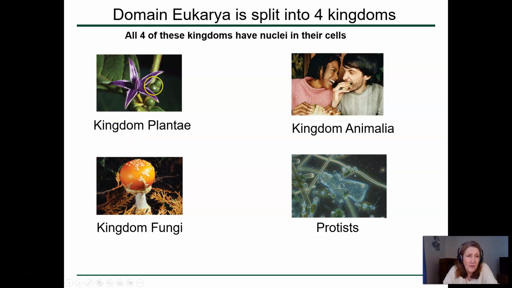So those 4 kingdoms are going to be plantae, fungi, animalia, and protists. I'm just looking that you have the correct idea. So if you were to tell me on an exam, kingdom plants, I'm fine with that because you've got the right concept. So all of these, everybody in the eukarya are going to have nuclei in their cells.